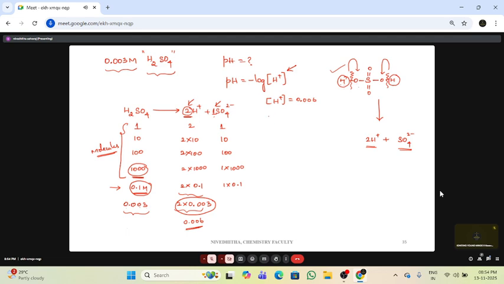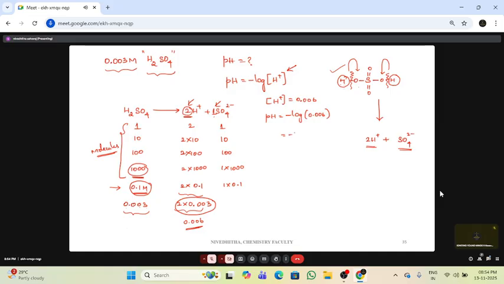So this is the H plus ion concentration, which is 0.006. Now we have to calculate pH. What is the formula? pH is equal to minus log of 0.006. See, we don't know the value of log 0.006, because we have memorized only four values for log. We know log 2, log 3, log 5 and log 7. It is a little different, right?